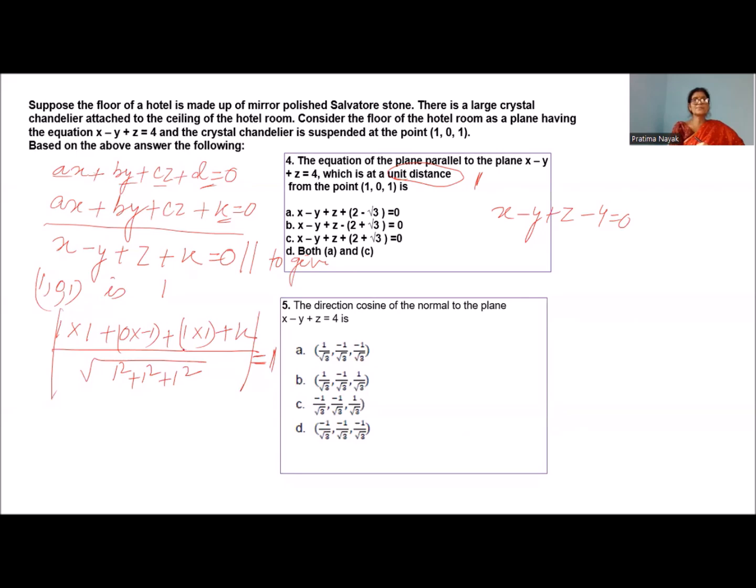So what am I getting? I am getting (2 plus k) by under root 3 is equal to 1. So 2 plus k is equal to root 3, so k is equal to root 3 minus 2.